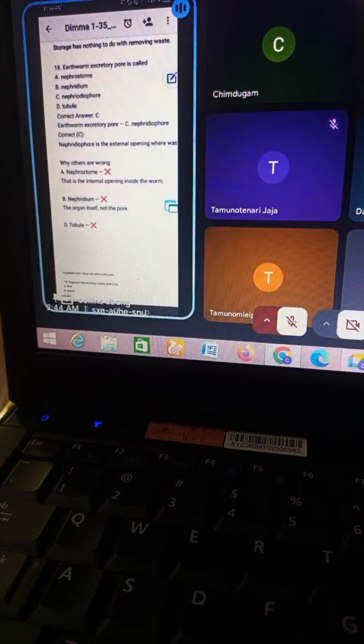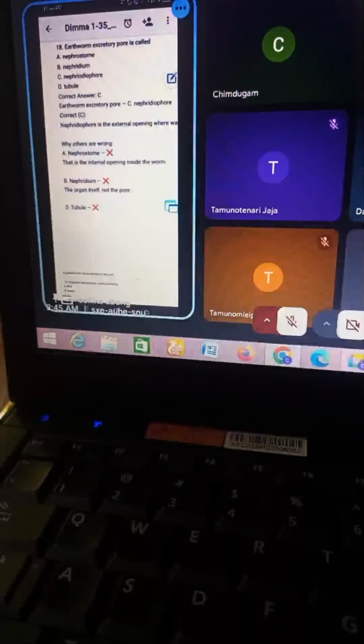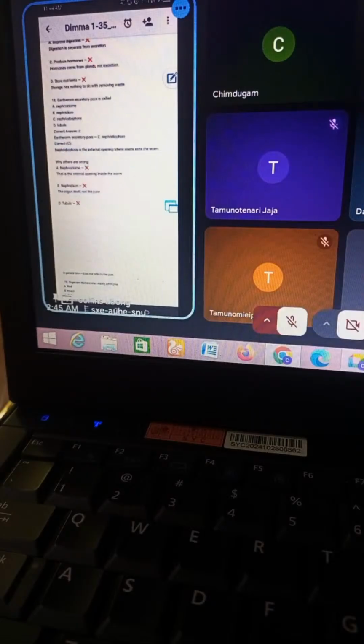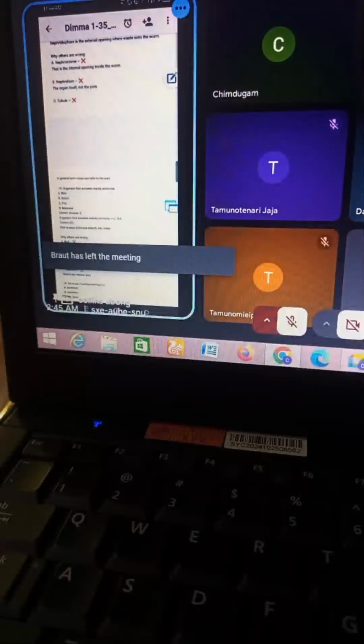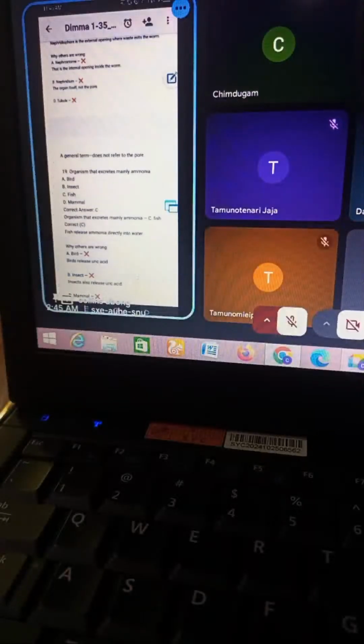Nephrostome, that is the internal opening inside the wall. That's where the excretory product will pass to gain access into the nephridia properly. Then nephridium. Nephridium is the organ itself, not the pore. Tubule is a general term, does not refer to the pore.